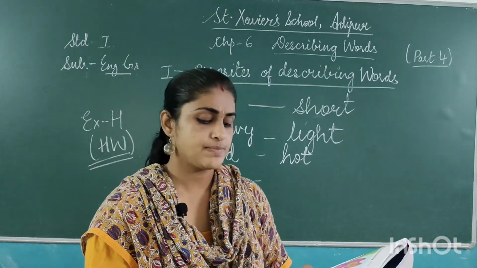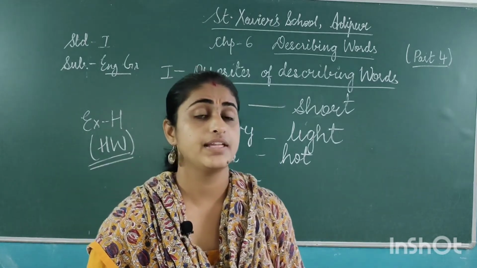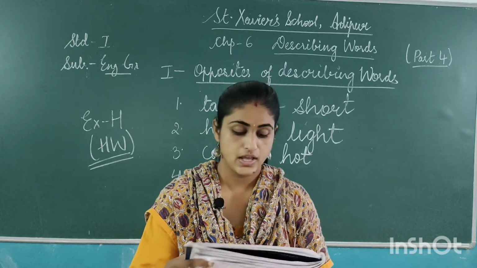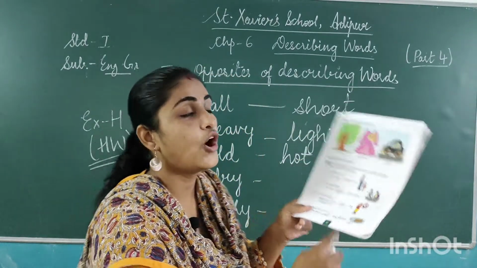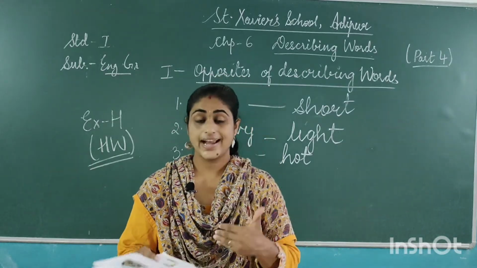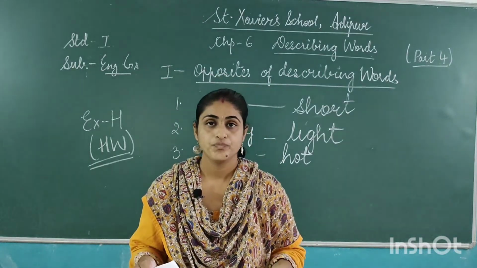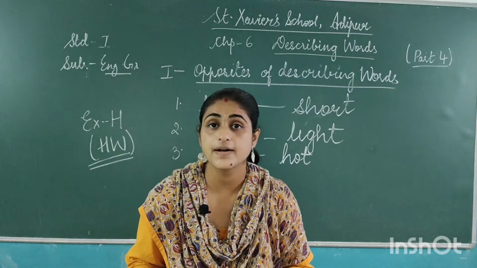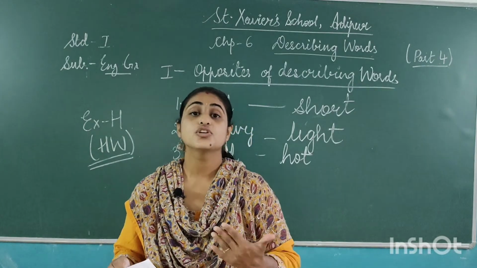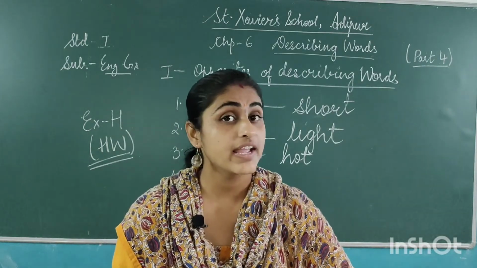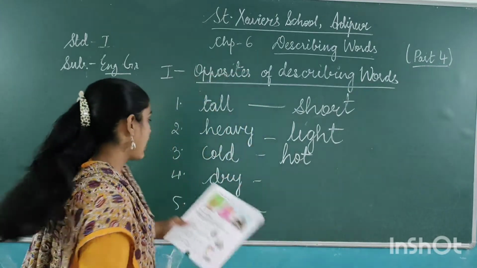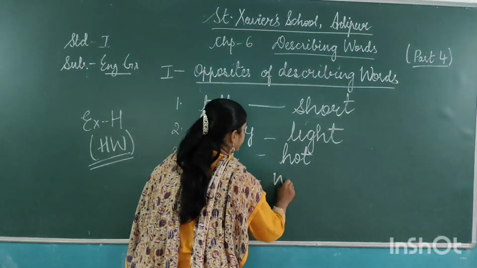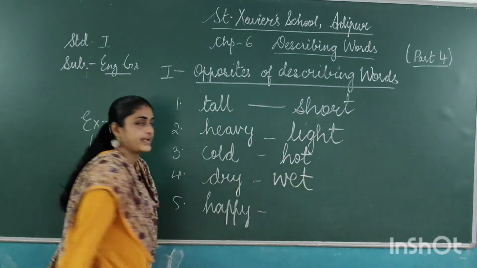Next, these biscuits are dry. The plate is dash: long, wet and red. Now, dry means without water. What will be the opposite of dry? Wet. What will we call wet in English? Wet, WET, wet. So dry will be wet.